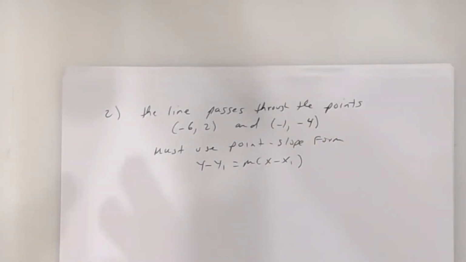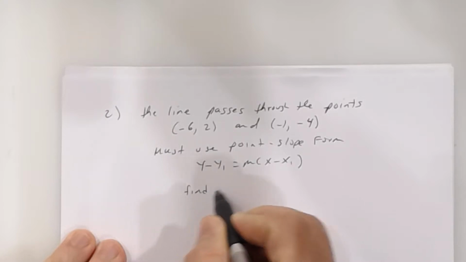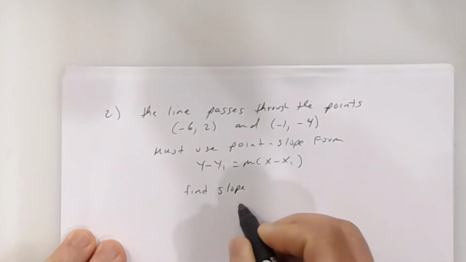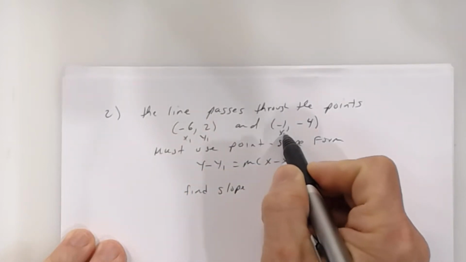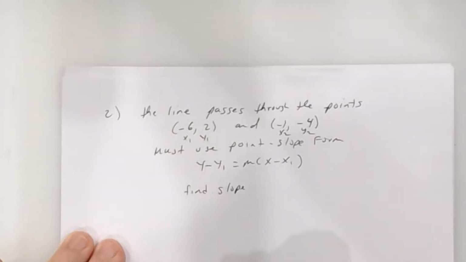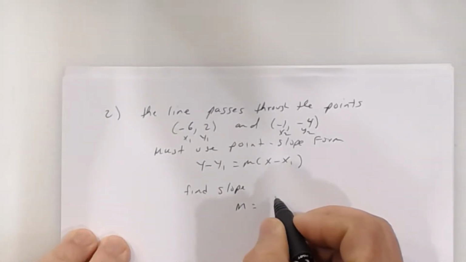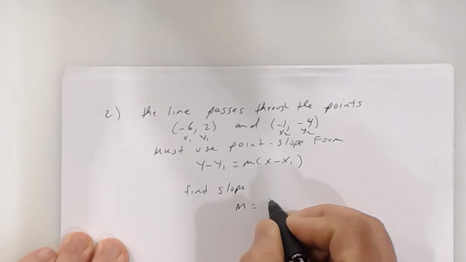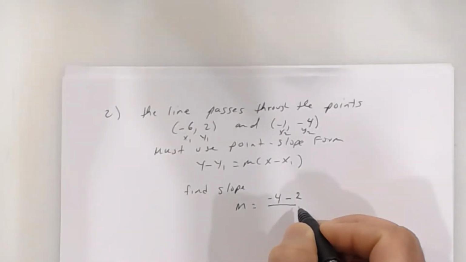All right. But I've got to find the slope. So step 1 is to find the slope. I'm going to call this x1, this y1, and this x2, y2. So the slope is y2 minus y1. What's y2? -4. Subtract y1, which is 2, divided by, since I start with y2, I've got to start with x2.